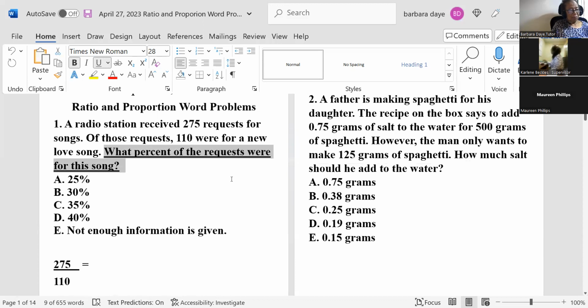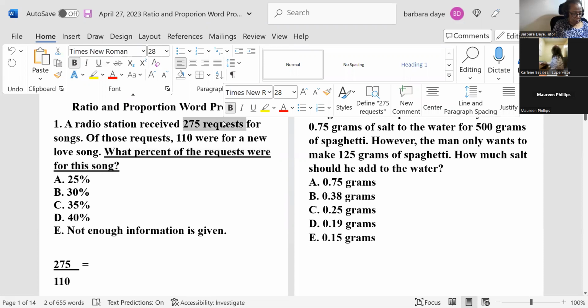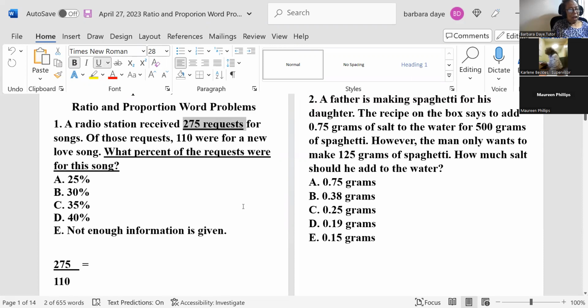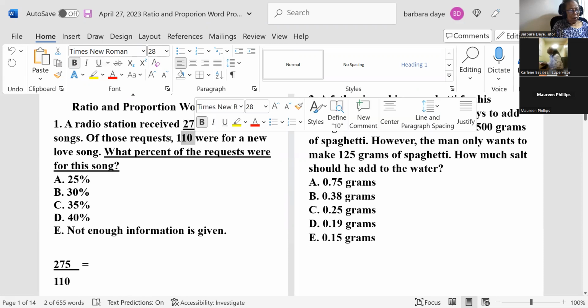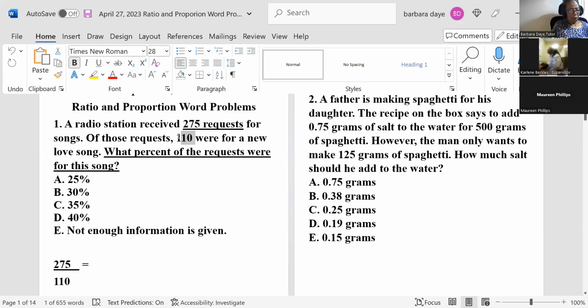So what number of requests represents 100%? 275 requests. That's the 100%, because that's what they received. But of that 275, 110 were for a new love song. So that's the one we're trying to find.